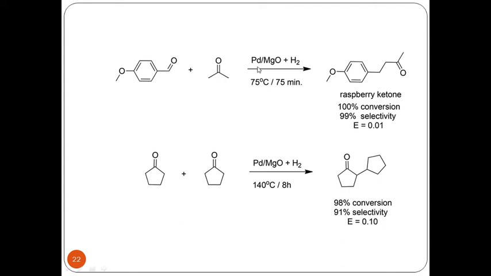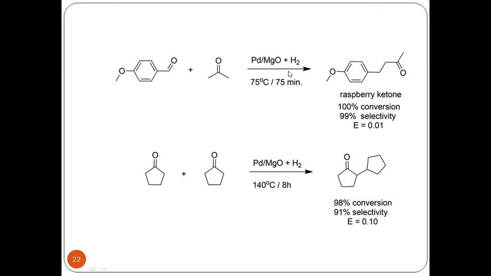Pd in the presence of MgO plus H2 generates a carbanion, which attacks the carbonyl carbon to give raspberry ketone. Here I can observe 100% conversion with 99% selectivity, and hence the waste formed is 0.01%. In this way, I can say that this particular reaction is highly selective and this reagent is a highly selective reagent.